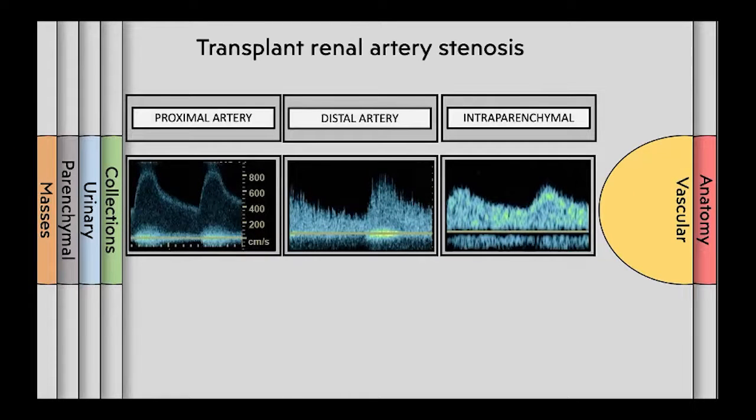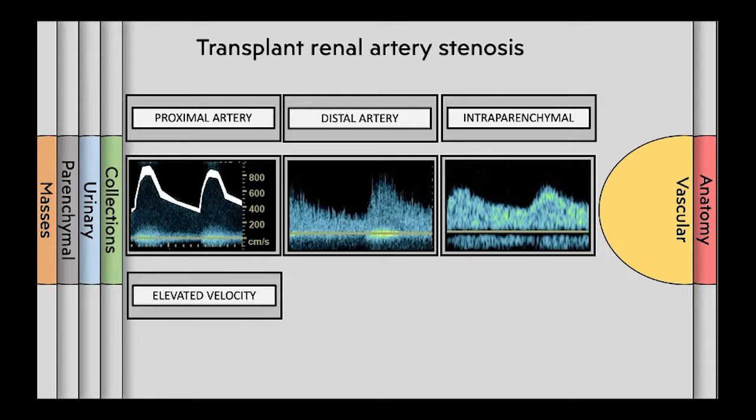In this classic example here, we see elevated velocity of greater than 800 centimeters per second, plug waveform. Distally, we see spectral broadening, as depicted here by complete opacification of the spectral window.